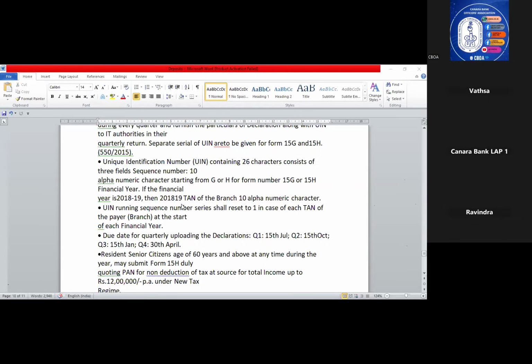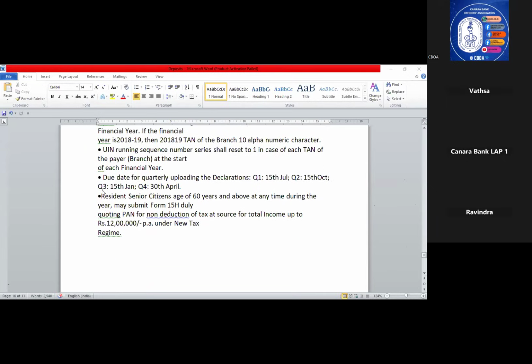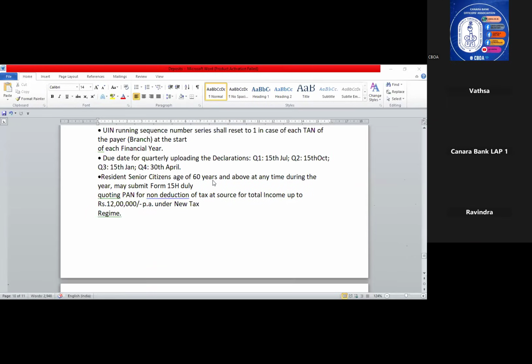In between 6 is the year for which it has been submitted. Due date for quarterly uploading of the declarations is 15th July, 15th October, 15th January and 30th April.